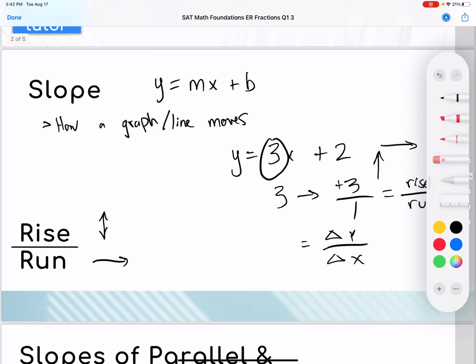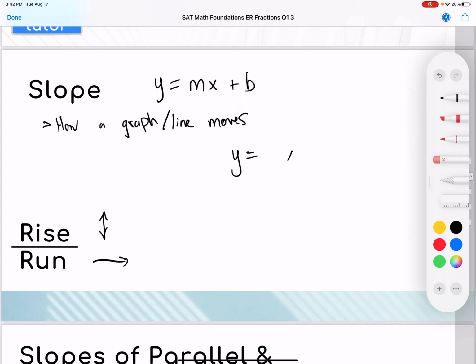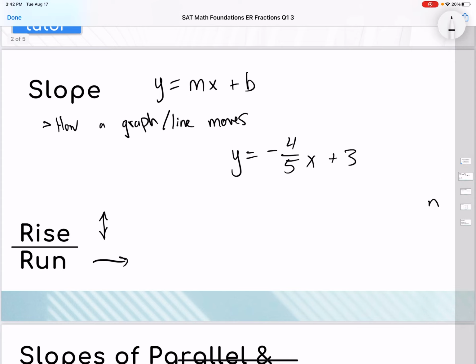So we'll do one more example of those real quick before we take another look at slope. If we had the linear equation y is equal to negative 4/5 x plus 3, then we would know that our slope, or the position of m in our parent form there, would be negative 4/5.